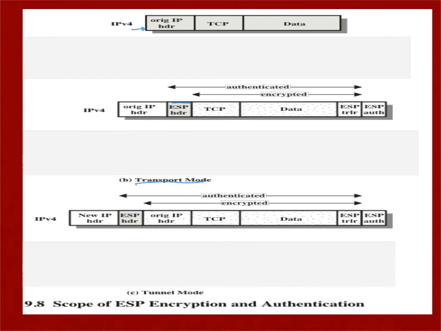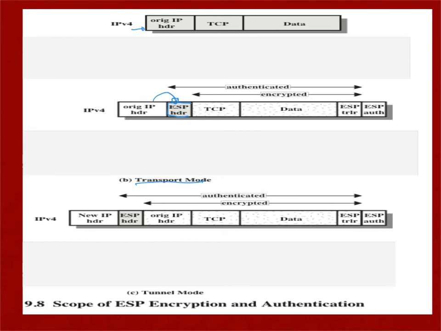We add the ESP header before the IP header. It's like it's above IP and under TCP, so in between TCP and IP. This is the transport mode.